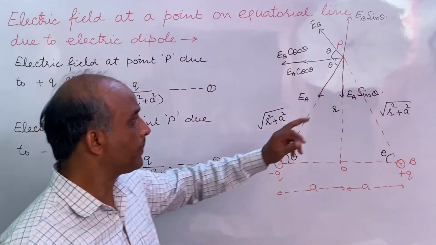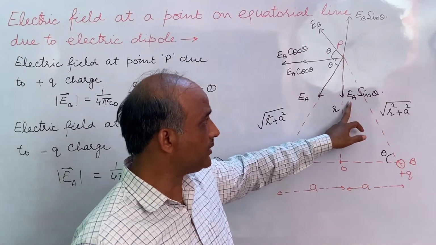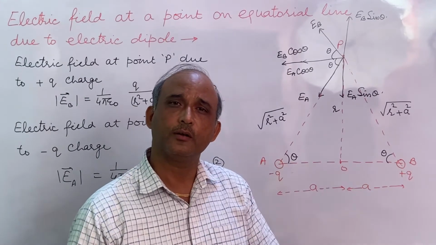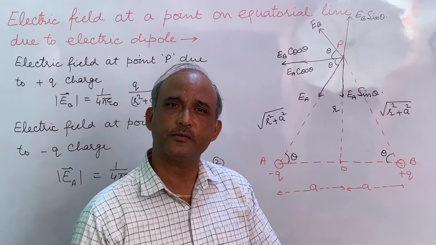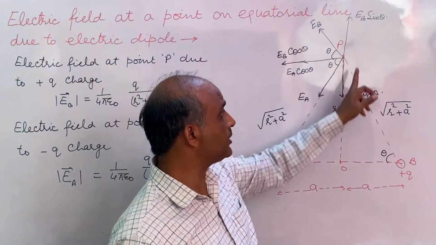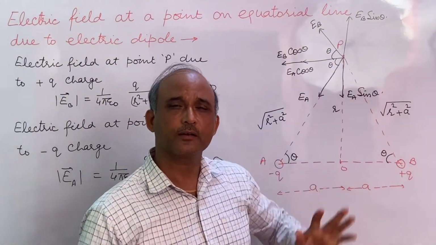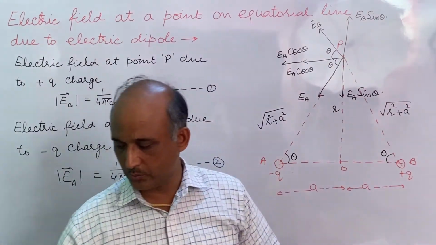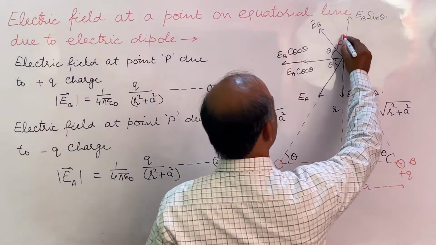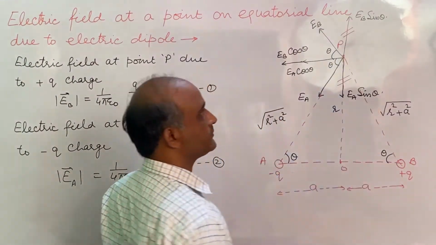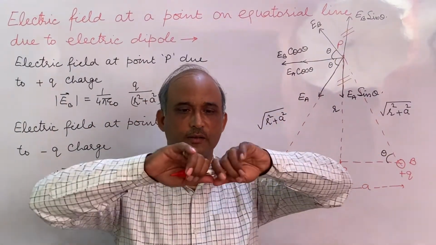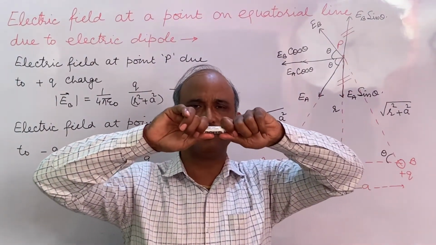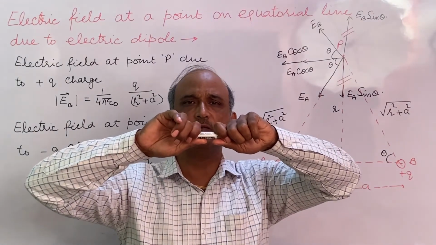So these components EA sin theta and EB sin theta will also be equal in magnitude. Since these two components are acting in opposite directions to each other, having the same line of action, they will cancel the effect of each other. One electric field in this direction and an equal and opposite electric field in this direction, so the net electric field will be 0.